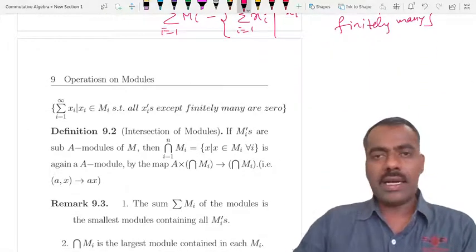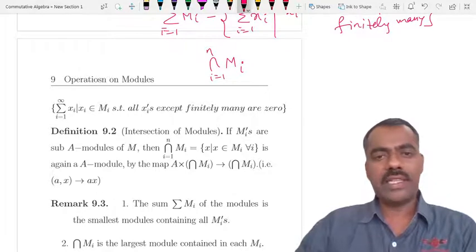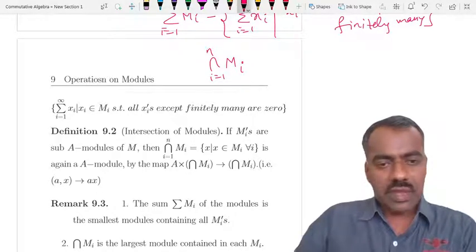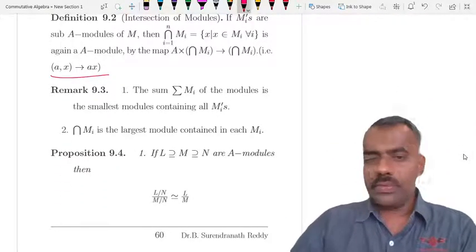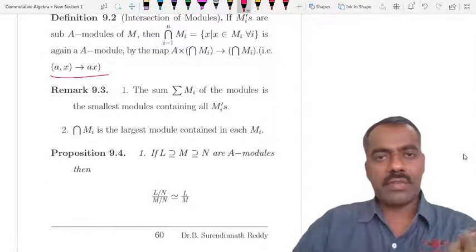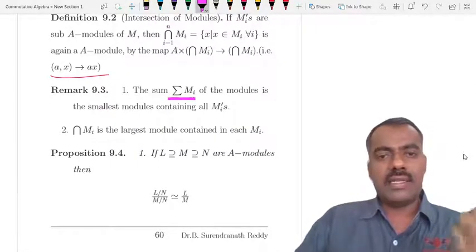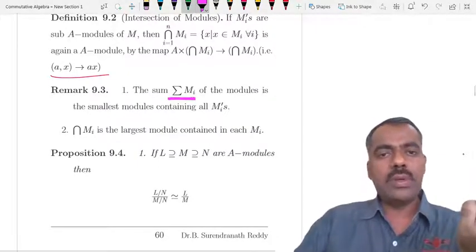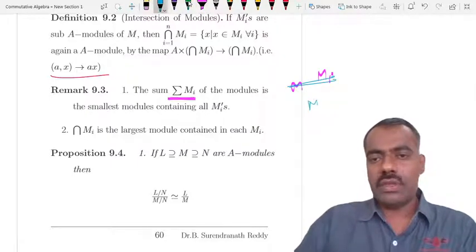Then, if M1 and M2 are two modules, or the Mi's are modules, the intersection of these is again a module. You can check that, and with respect to this operation it is not difficult to check. If we have the sum of Mi's and the intersection of Mi's, then we can observe that the sum of Mi's is a module which is the smallest module containing each Mi, because each Mi is contained in the sum of Mi's.